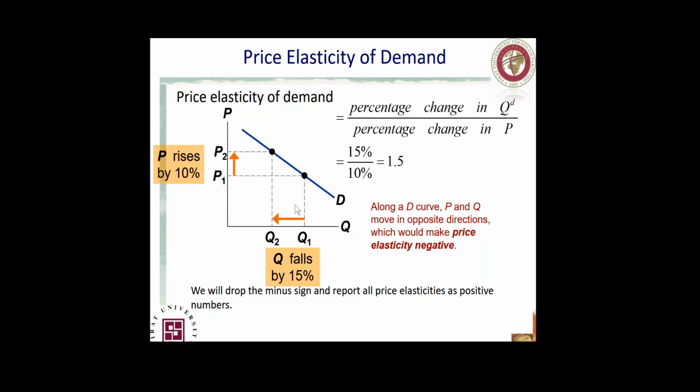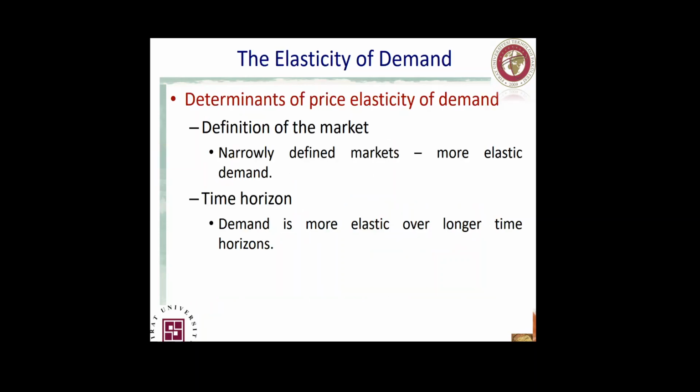We can do the same to quantity: the end value minus the start value, over the start value, multiplied by 100. And usually when we calculate the elasticity here, we drop any negative sign because we don't care whether it is moving towards a rise or fall. We care about the absolute number when we calculate the price elasticity.